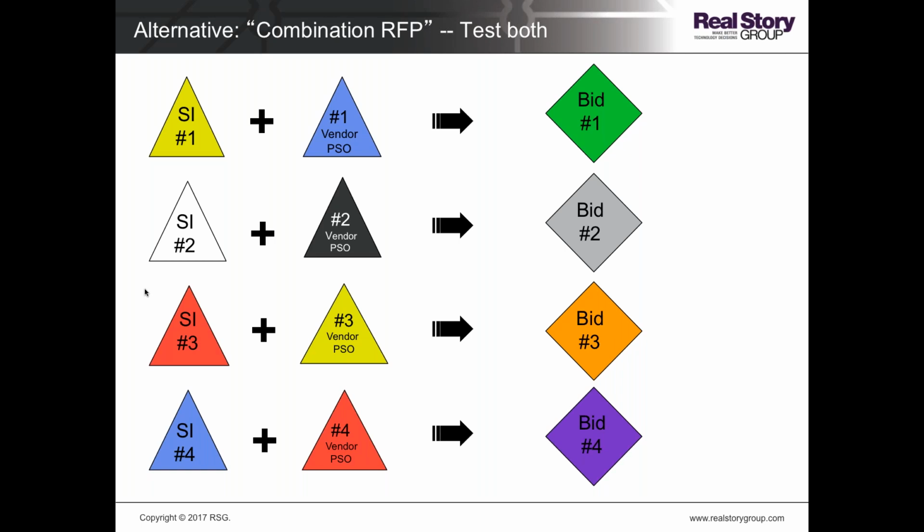Come to the table with your services plus your partner, the best partner that you can bring to us, and give us a combined bid, so that we can evaluate the whole team and the whole solution together. In many cases, this combined approach can be really enlightening in terms of what you get from each of these parties, but also you learn a lot as to how well these parties will work together in addition with your team.